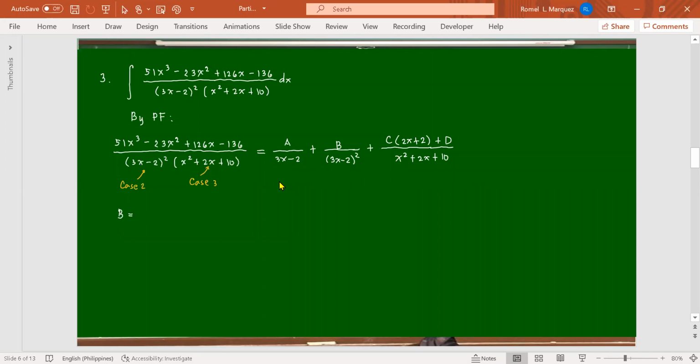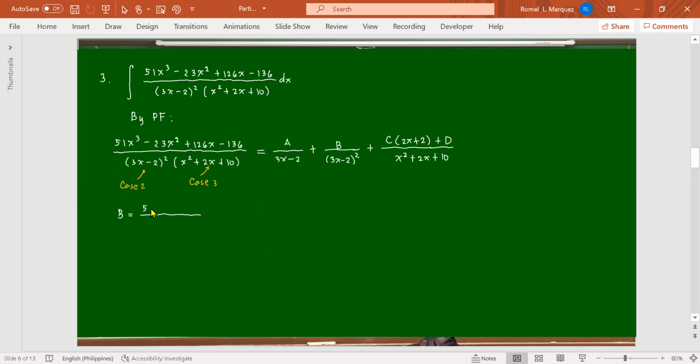So for B, by Heaviside rule, we can think of a value of x that will make this denominator 0, that is when x is 2/3. So if x is 2/3, we evaluate this, but we have to get rid of this, no? We have to remove this.